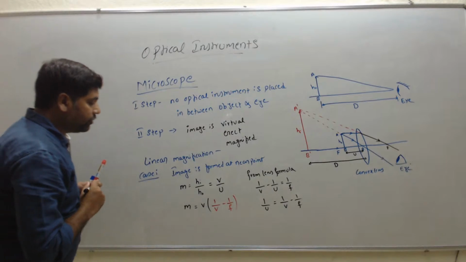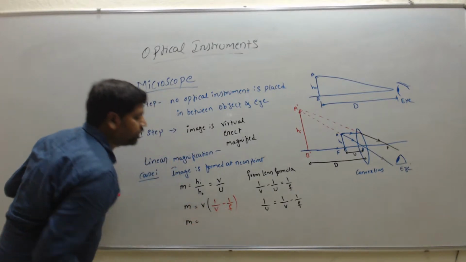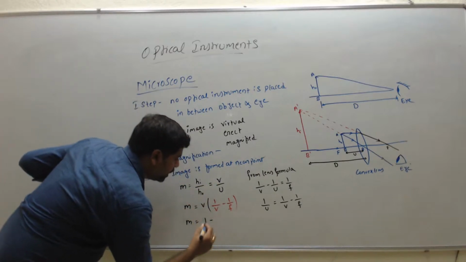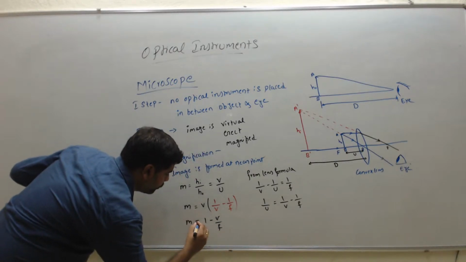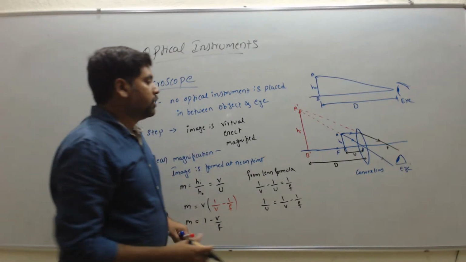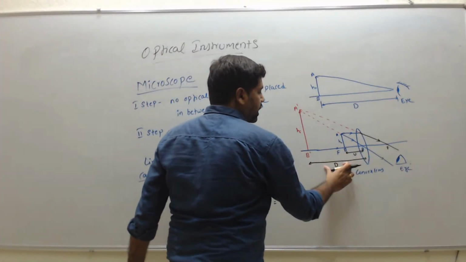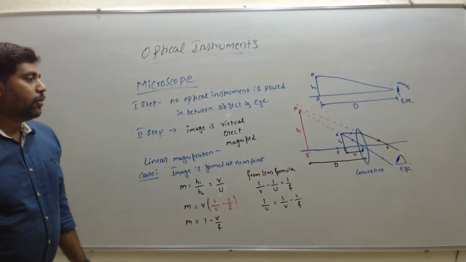Now if we simplify further, multiplying V inside the bracket, V divided by V becomes 1, minus V by F. So here V is the image distance. This image distance will be taken as D, the least distance of distinct vision.